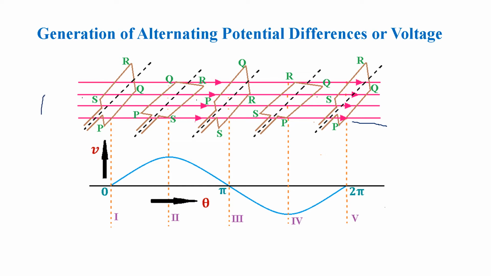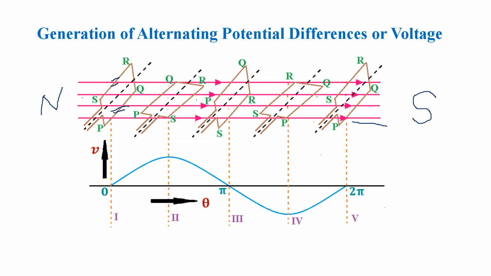For simplicity you can consider this as north and this as south, and here we consider the rotating coil, represented by two sides, the two conductors PQ and SR. Depending on the relative position of the conductor with respect to the magnetic flux, we can show how the EMF is generated.